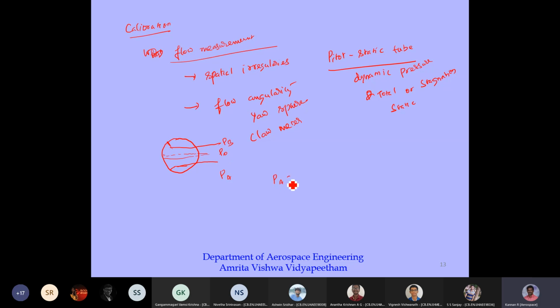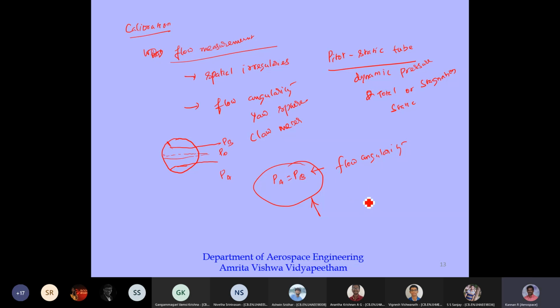If PA is equal to PB, there is no flow angularity. Depending on the difference between PA and PB, your flow angularity is going to be there. And your P0 is your stagnation pressure.